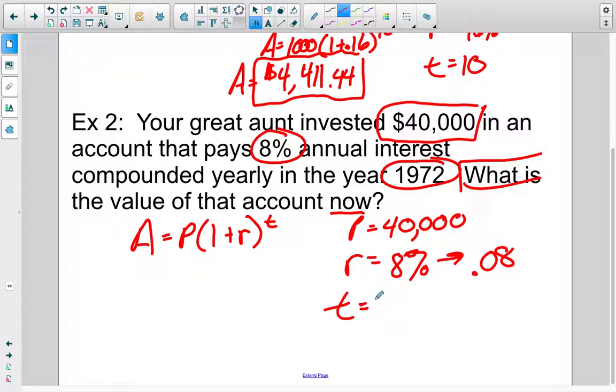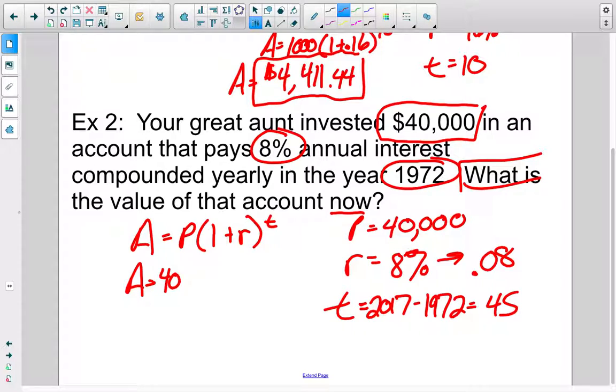As of right now, my watch says it's 2017. If it's next year, do 2018. 2017 minus 1972 answers how many years this thing compounded, how long it was invested. That's 45 years. That's our t. So substitute everything in.